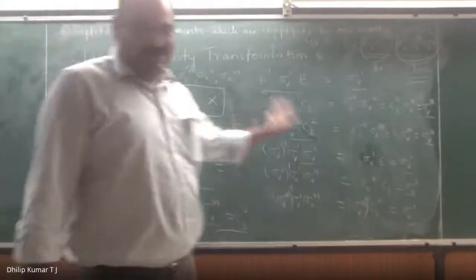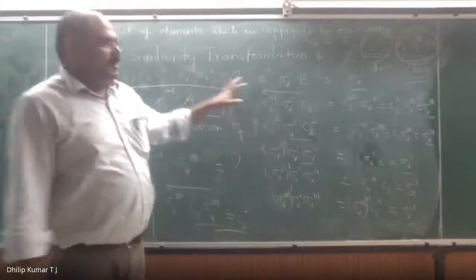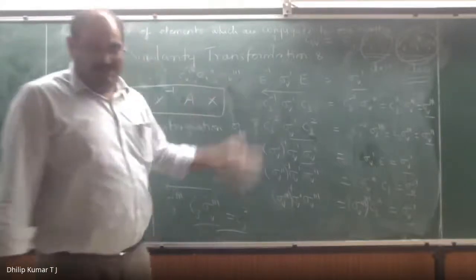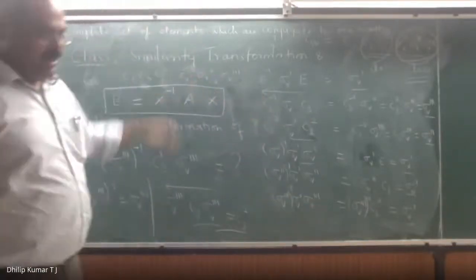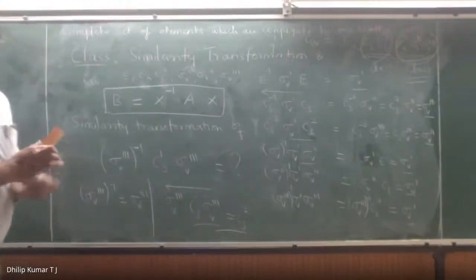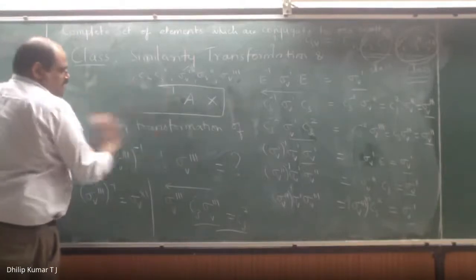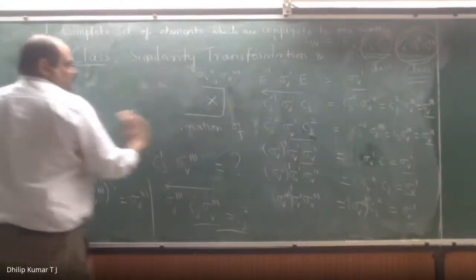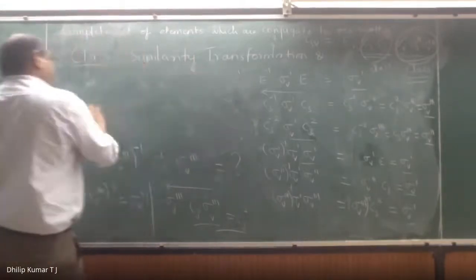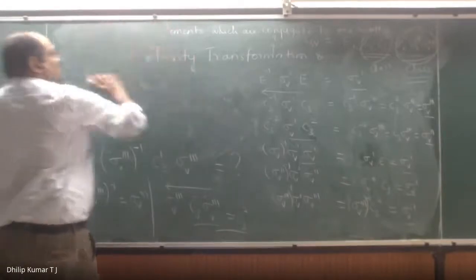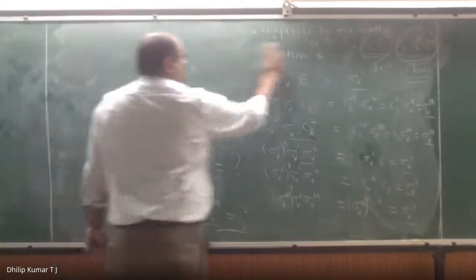Yes, sir. Yeah, these are all new terms. We'll introduce these things because they are helpful in finding reducible and irreducible representations. That's why we're just seeing it. So you just go back and read the books or work it out.